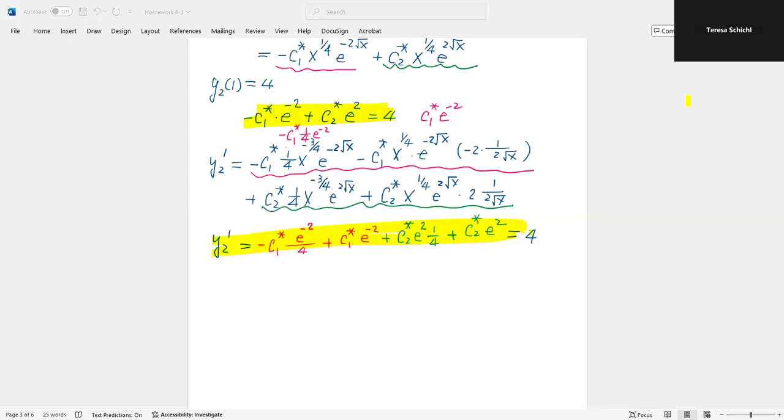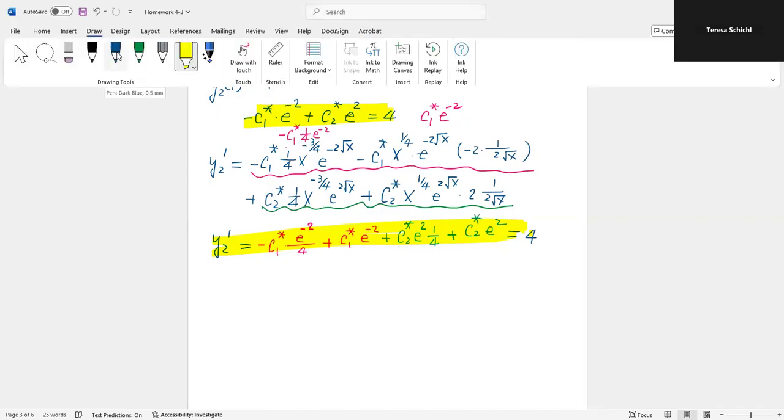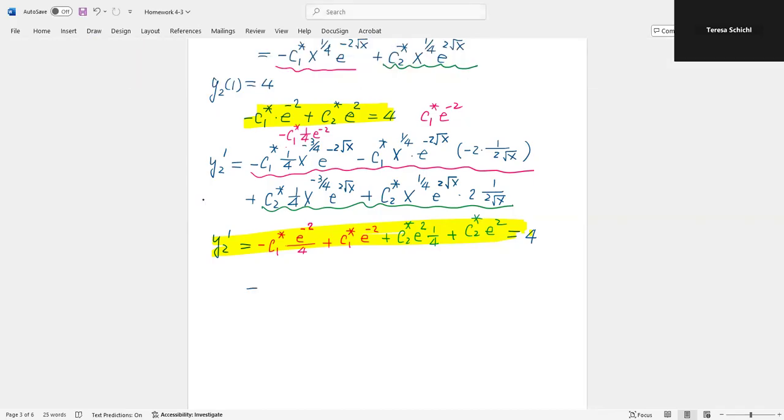In order to simplify it a little bit, for the C1 terms, it's negative 1/4 plus positive 1.